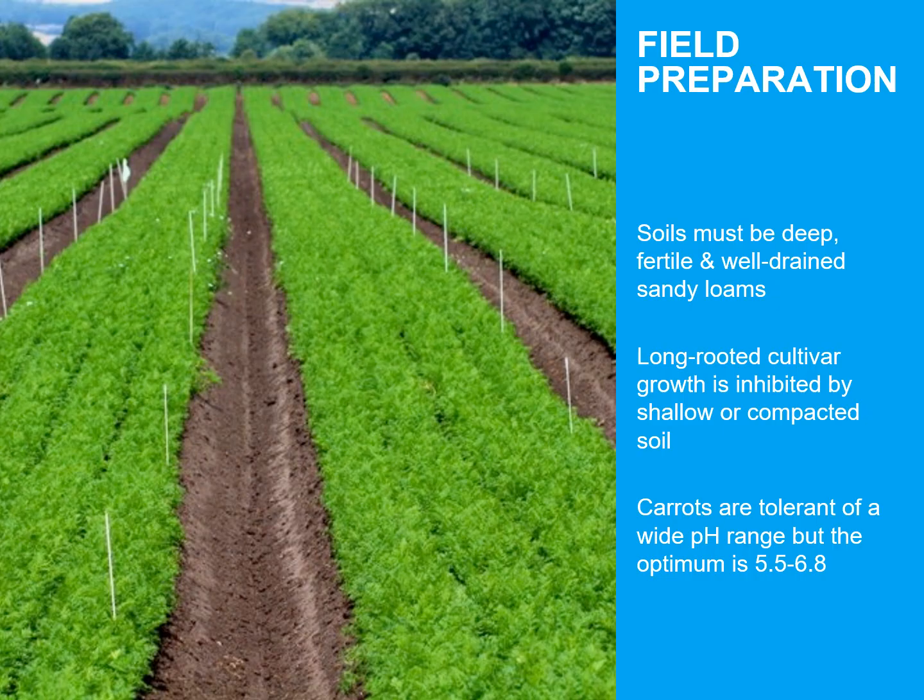Carrots are generally tolerant to a wide range of pHs, but the optimum is between about 5.5 and 6.8, though this does vary slightly according to the soil type the crop is being grown on.